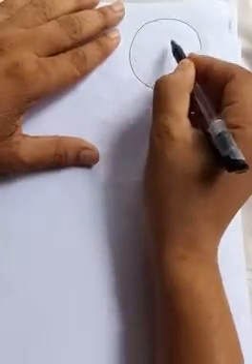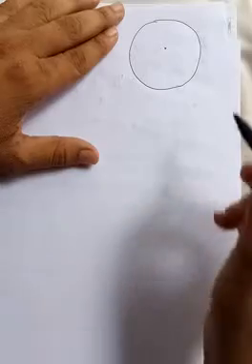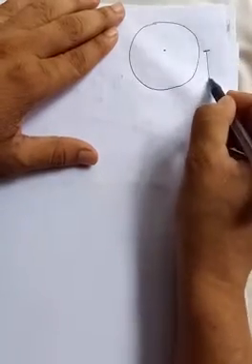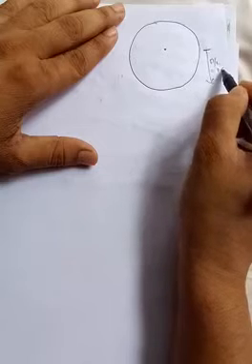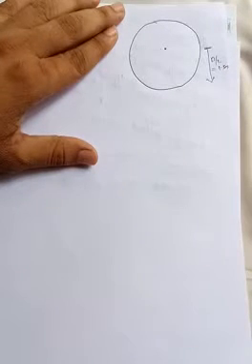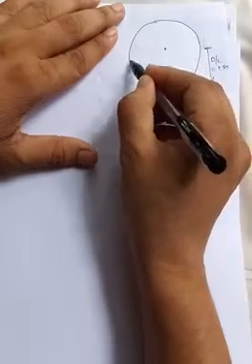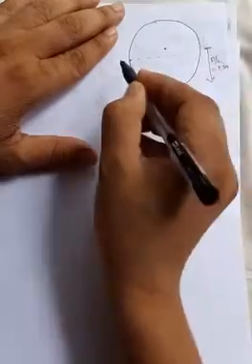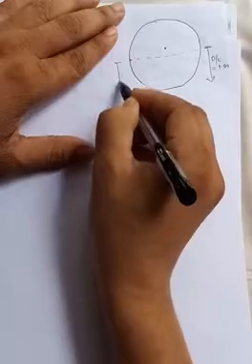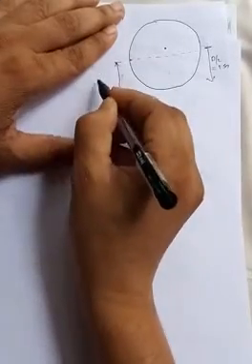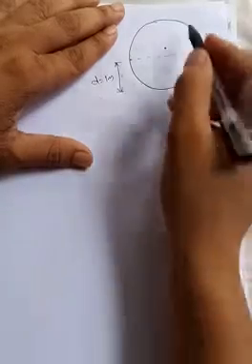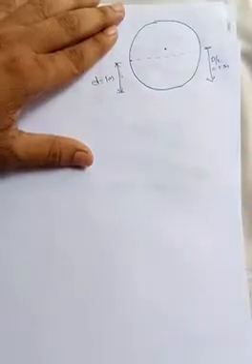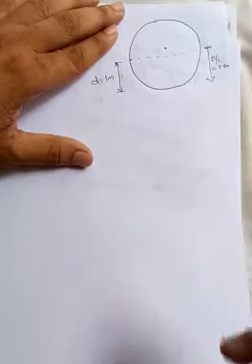This is the center, dia by 2 is equal to 1.5 meter. 3 meter is the dia, so radius will be 1.5 meter, and the water surface is just below the center. The depth of water you can denote as small d is 1 meter, and capital D is the dia of the circle, so the radius will be 1.5 meter.